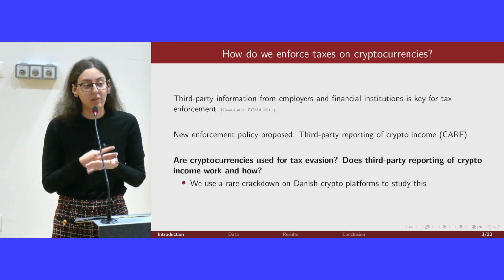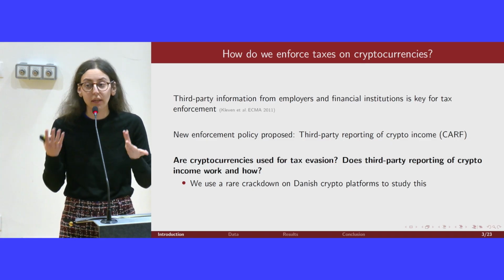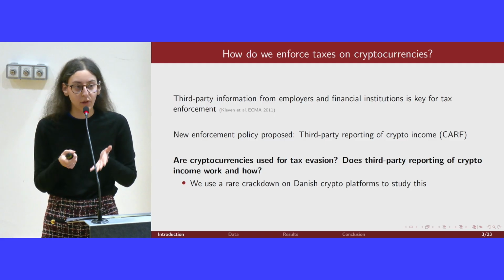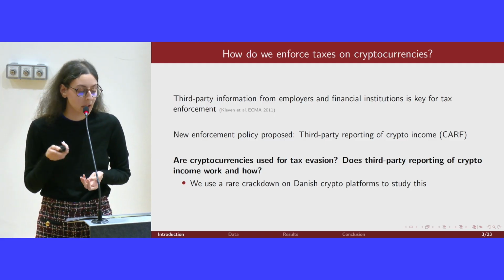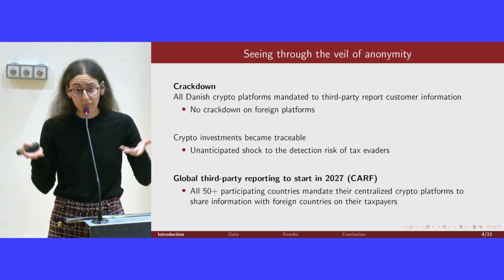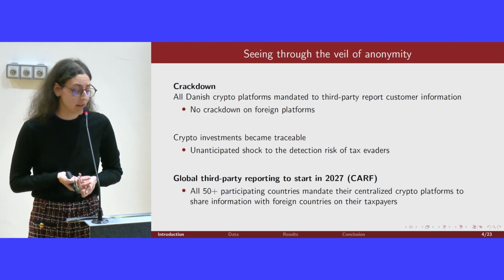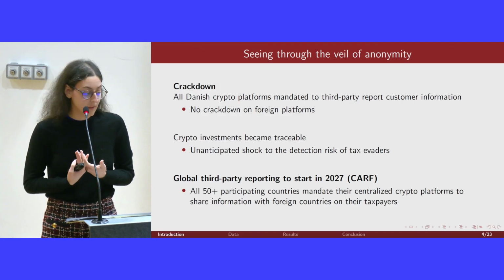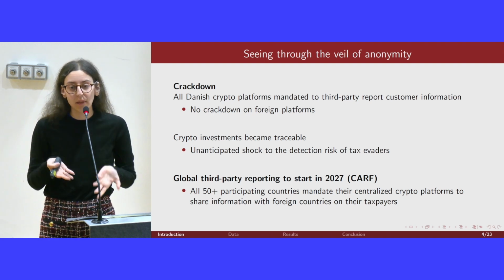If someone is investing on foreign platforms, their investments remain opaque, secret. But if you are investing on domestic platforms, now the tax administration can see what you're doing. So we use this rare, very interesting setup and crackdown by the Danish tax administration in order to obtain these data. It's also interesting because it's an unanticipated shock.